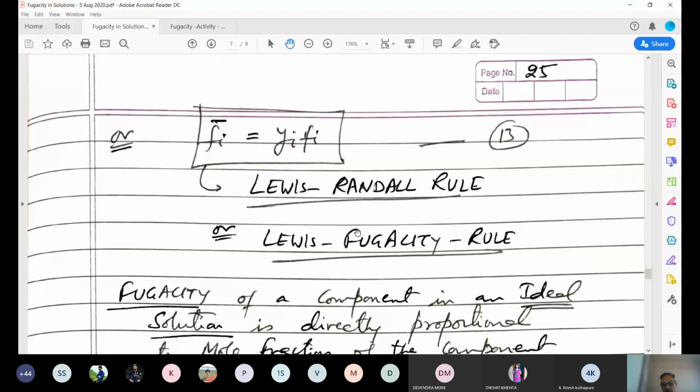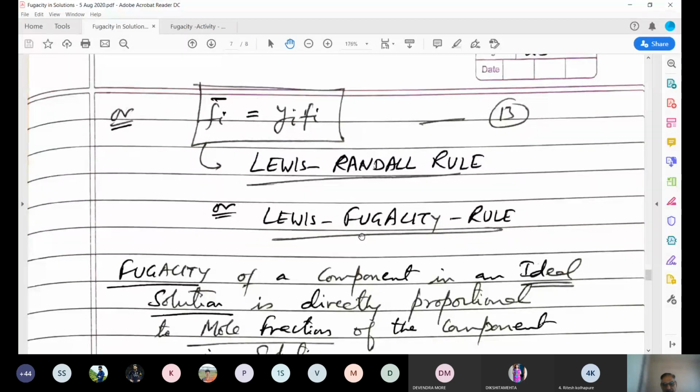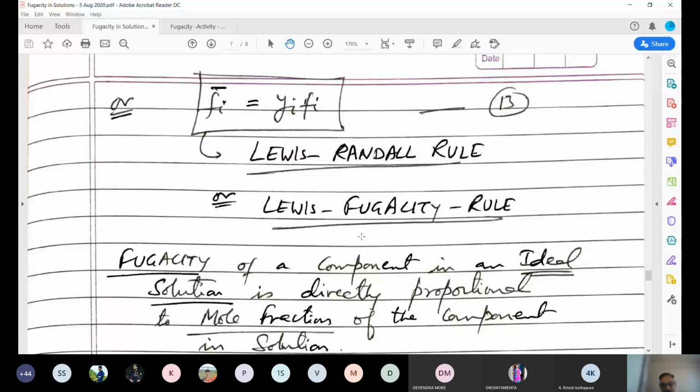And this is called Lewis-Randall rule or Lewis fugacity rule. Any questions on equation 13? No questions? Doubts नहीं है? Question नहीं है किसी को?